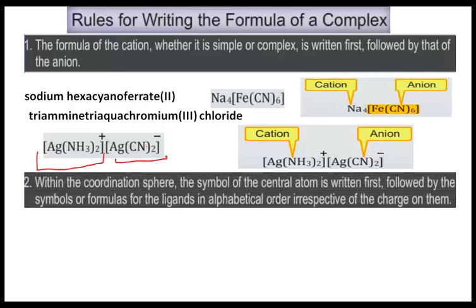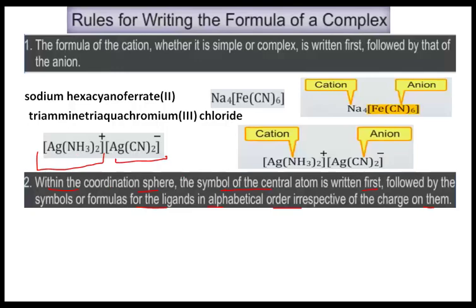Now the next one is the second rule. It says that within the coordination sphere, the symbol of the central atom is written first, followed by the symbols or formulas of ligands in alphabetical order irrespective of the charge on them. So this is the second rule, right?